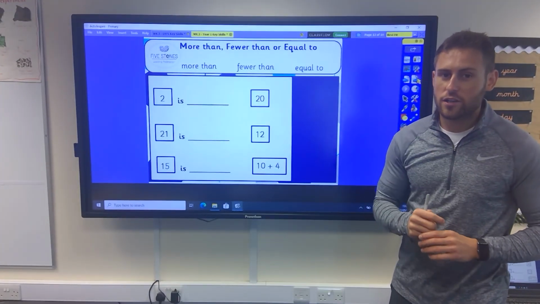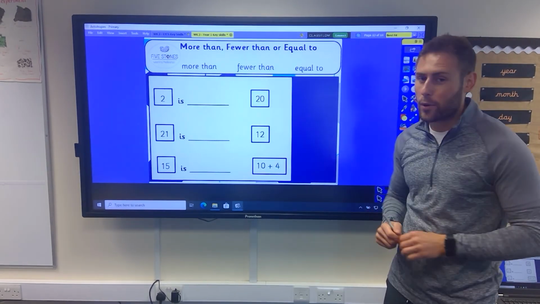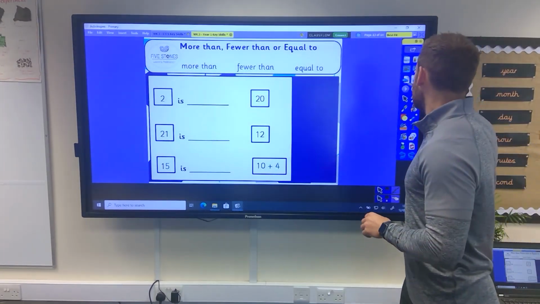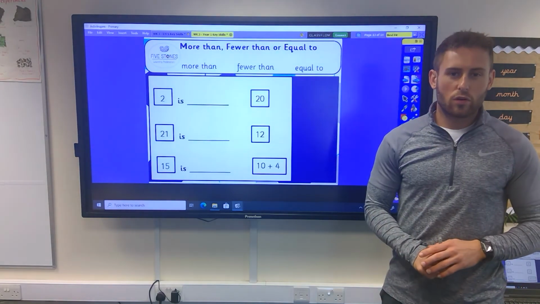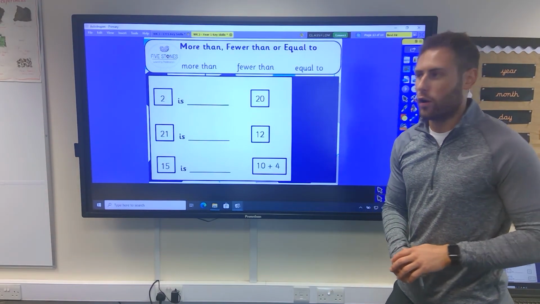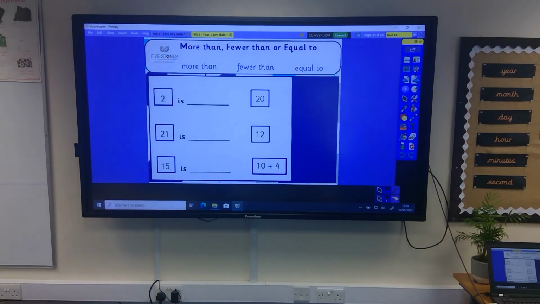And as a challenge, if you know how to write it with the symbols that we've looked at, please have a go at doing that also. Off you go. Pause the video if you'd like more time.